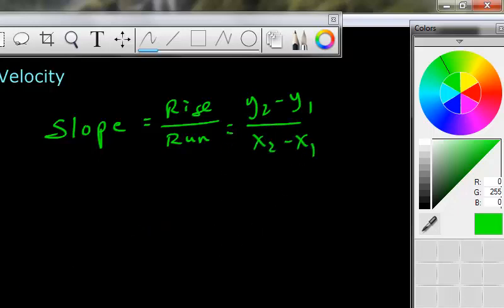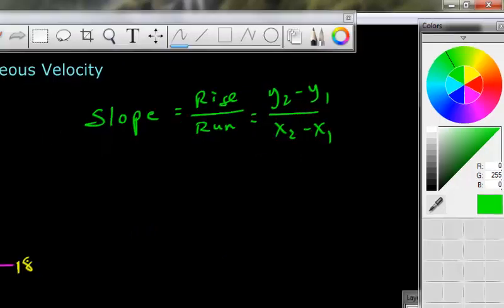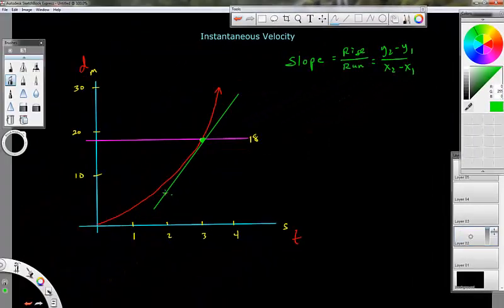So what we need to do is find 2 points. I got one right here, and probably my next best one would be right here, because that's over this mark here. So if this was in fact 18, this would be point 3, 18, and this would be point, say, 2, and then we need another little reference line going across here.